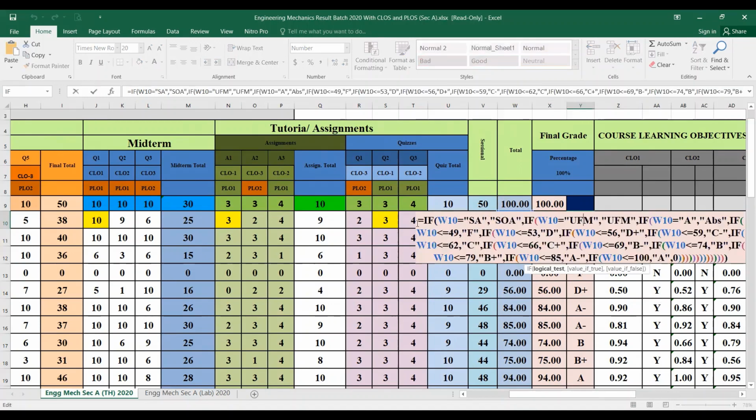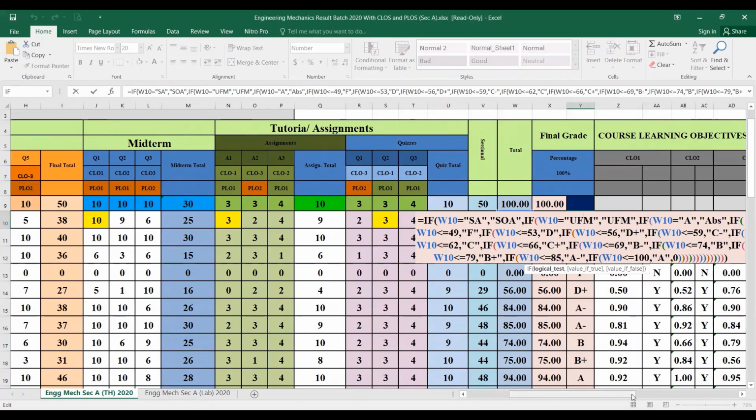So let's have a look. What you have to do is use IF: the percentage, whatever the student gets, equals SA, or SOA if W10 equals UFM.